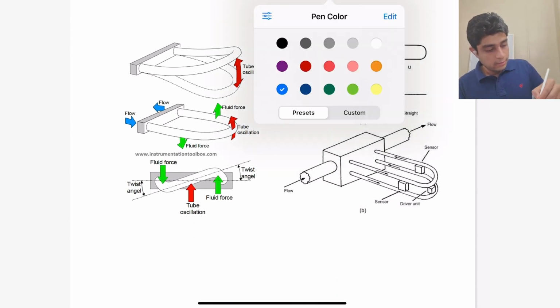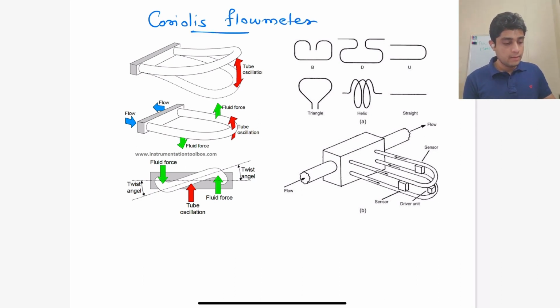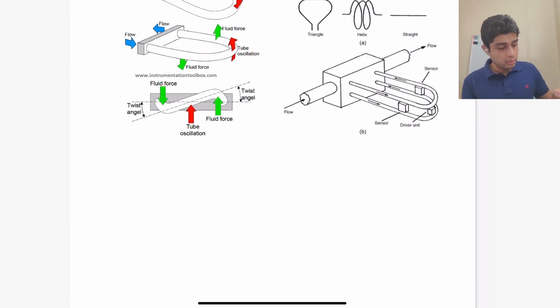Here on the screen you can see a Coriolis flow meter, and the Coriolis flow meter is based on the Coriolis force, which an object experiences when it is moving in a rotating frame of reference. So the Coriolis force is given by mass times the Coriolis term.